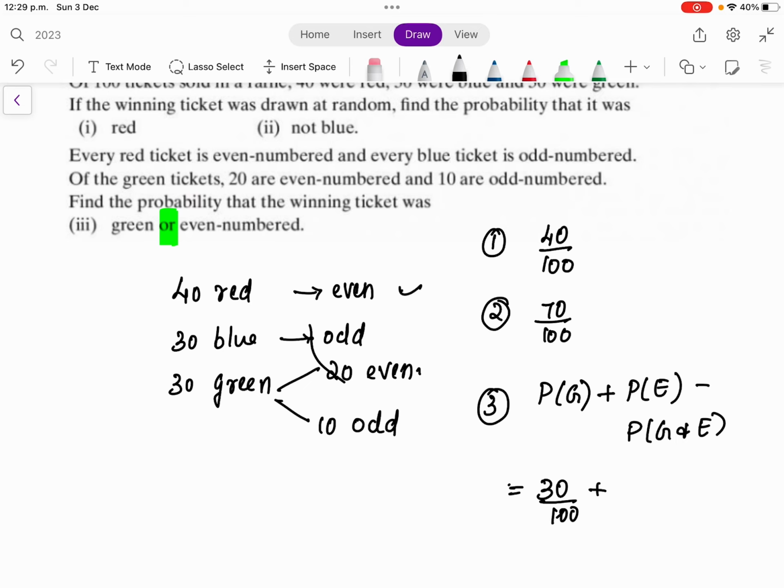So it is 40 plus 20, which is 60 over 100, minus the probability of green and even, which is 20 over 100. So that is equal to 70 over 100, which is equal to 7 over 10.